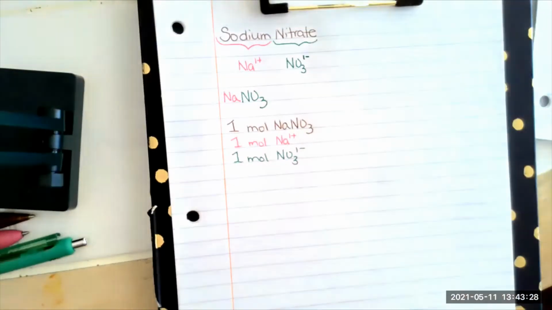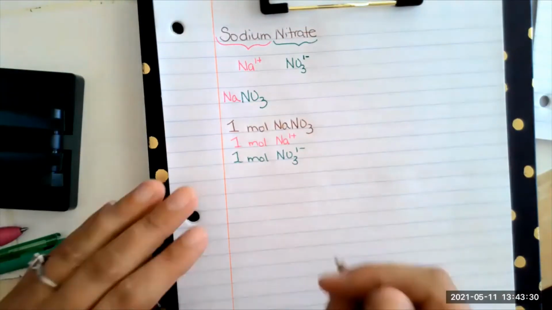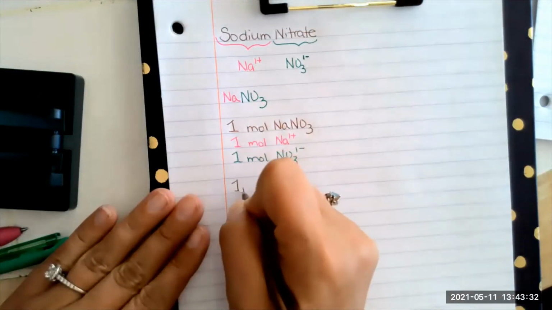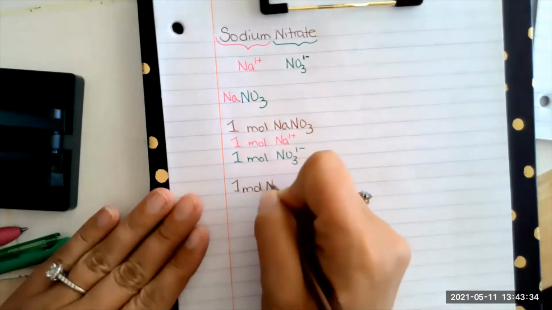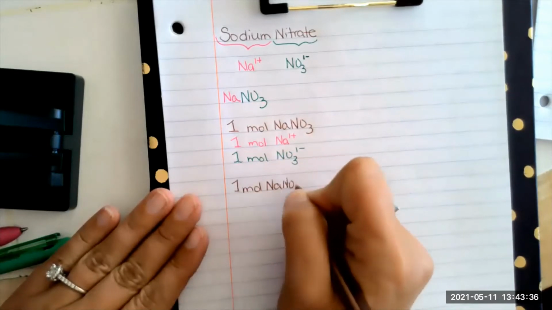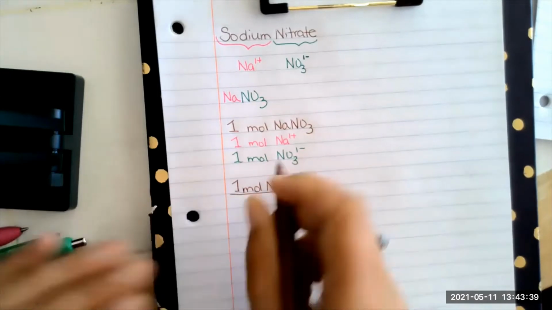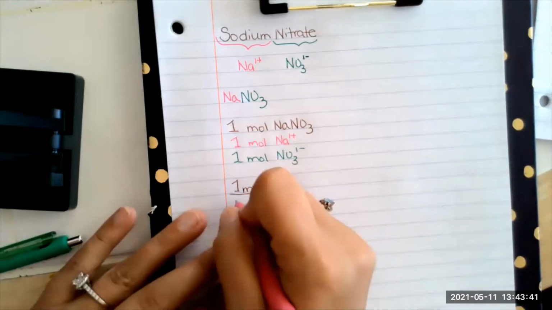So one of the mole ratios we have is 1 mole NaNO3 to 1 mole Na1+.